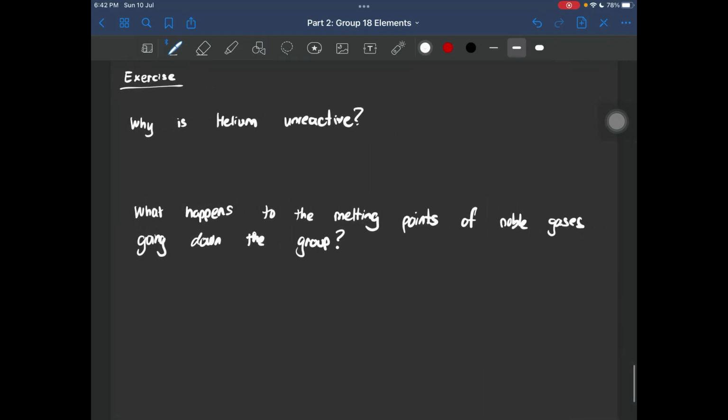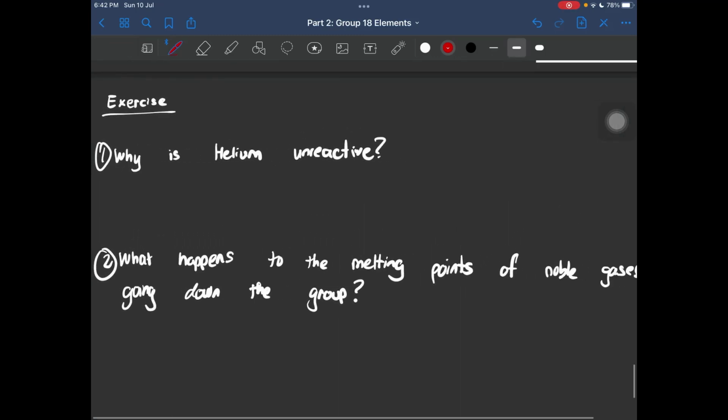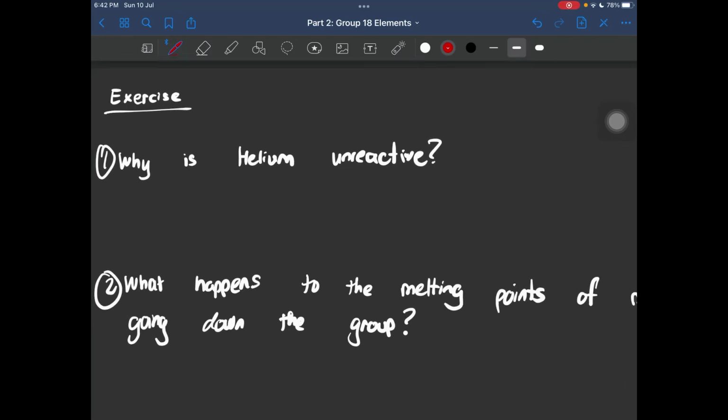Last, we have two questions here, right? Why is helium unreactive? So if this question is asked in the examination, how should you answer it? Well, first you need to know that helium is a group 18 element, and all group 18 elements are unreactive.